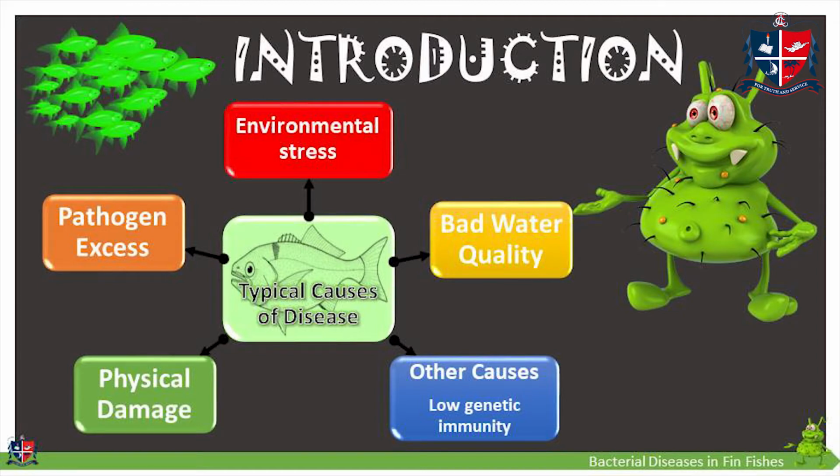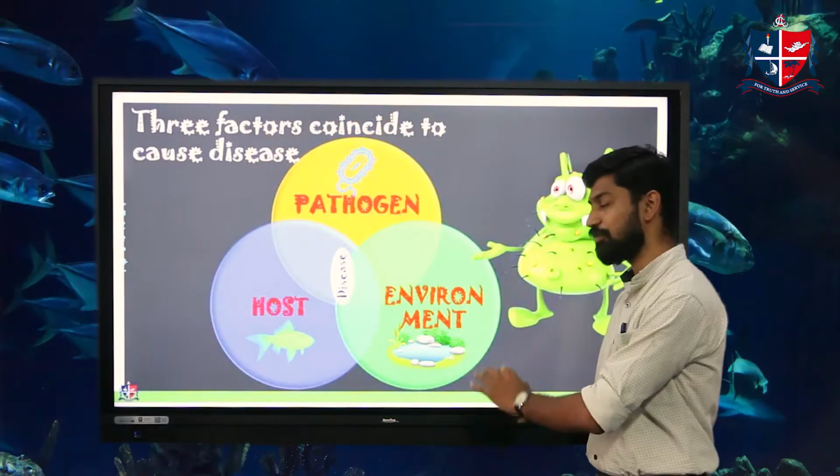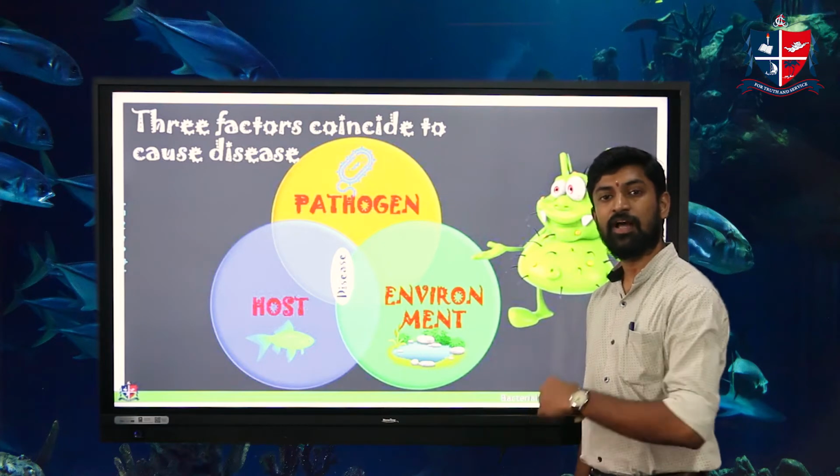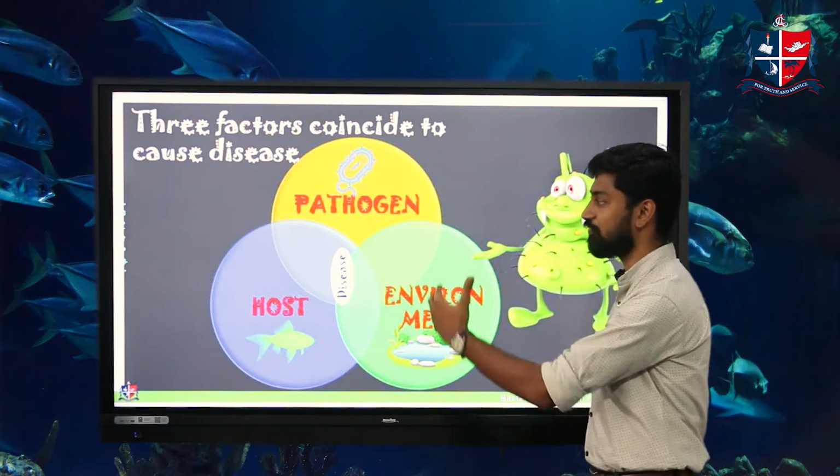And there are mainly three factors that form the cause of disease: the condition of the host, the condition of the environment, and the number of pathogens or excess of pathogens.